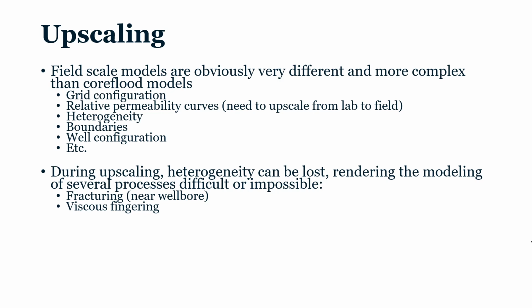So you will lose heterogeneity. It's the biggest problem because it will impact how much polymer you will inject. And the simulation will probably tell you that if you want to get 10% oil, the maximum viscosity you need is 10 centipoise, because at 20 centipoise, you will recover less oil, which doesn't make any sense.